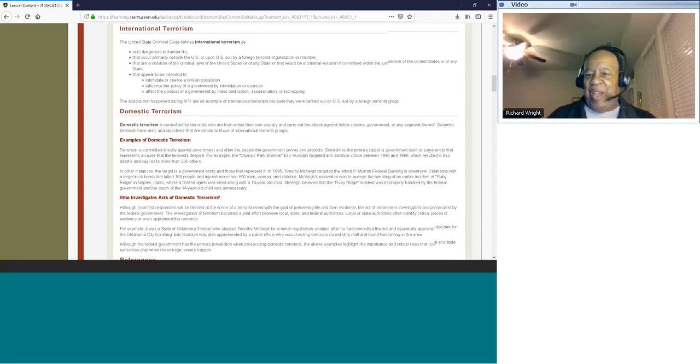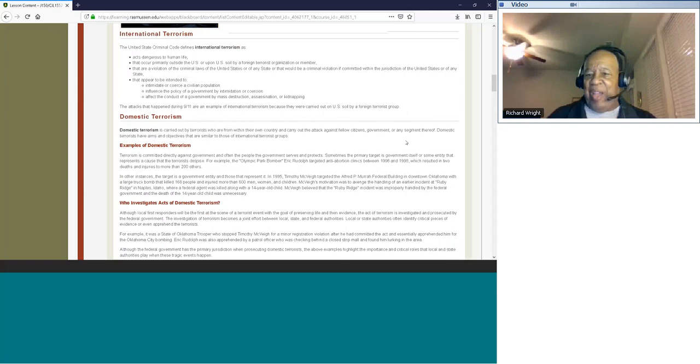So domestic terrorism is carried out by people who are from within their own country and carry out the attack against fellow citizens, government, or any segment thereof. And the objectives are similar to those of an international terrorist group. That's what happened with Las Vegas.